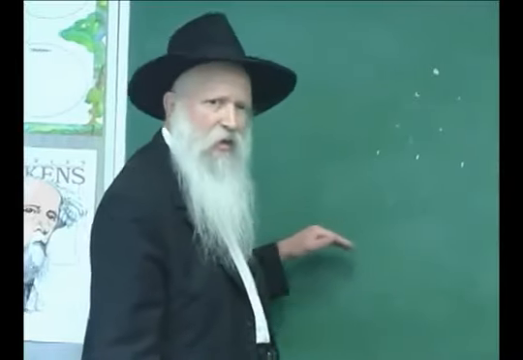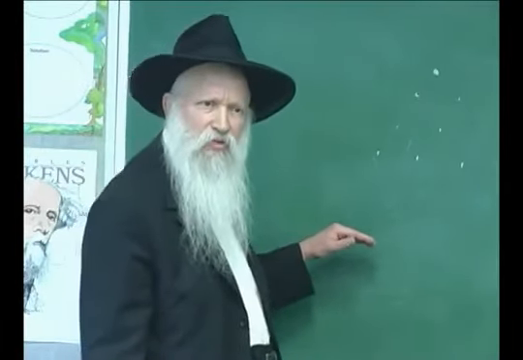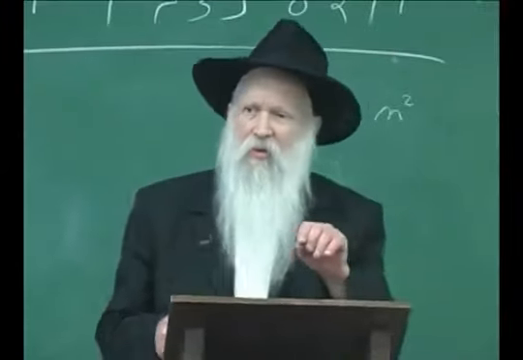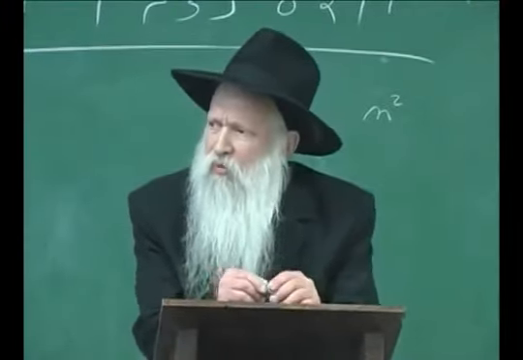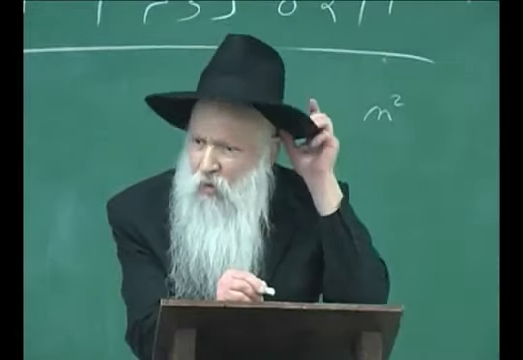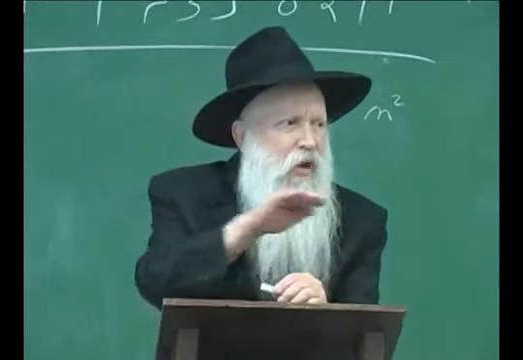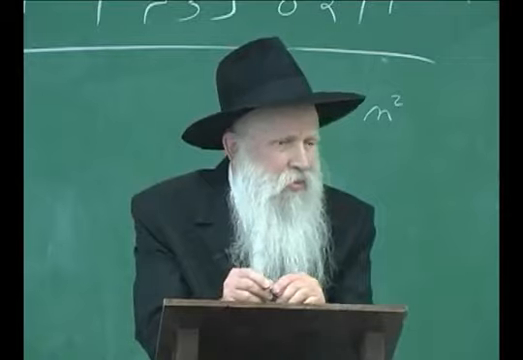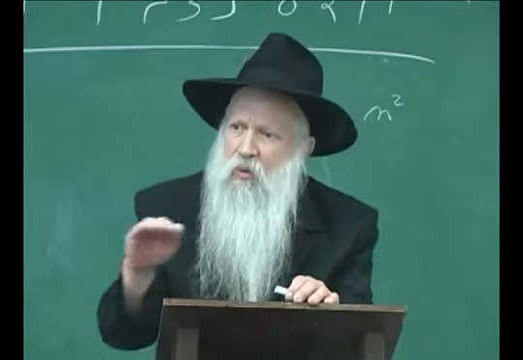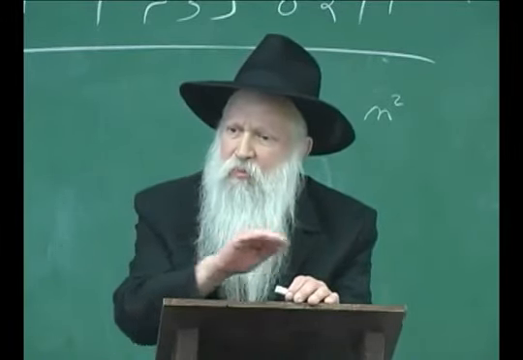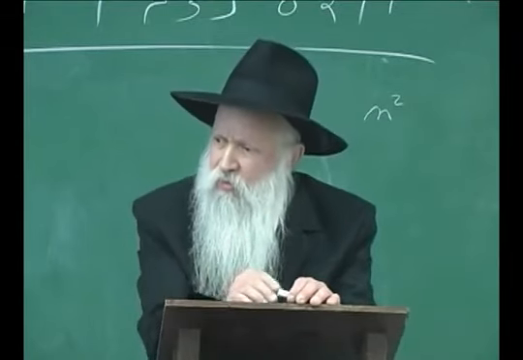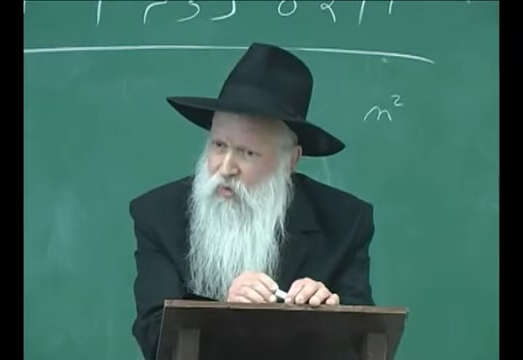The last line has 7 letters. What are the last 7 letters of the first pasuk? V'es ha'aretz, and the earth. Those 7 letters are the bottom line of the triangle.